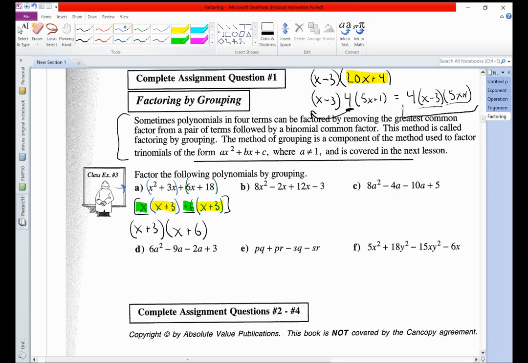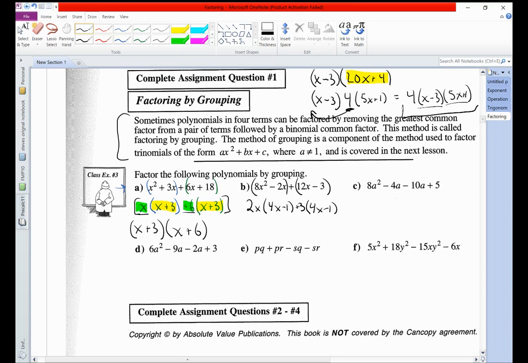Again, we can do the same thing. I'm going to group this into 2 groups of 2. I have 8x squared minus 2x, so I can pull out 2x, and I'm left with 4x minus 1. In the second one, I can pull out a positive 3, so I'm left with 4x minus 1.